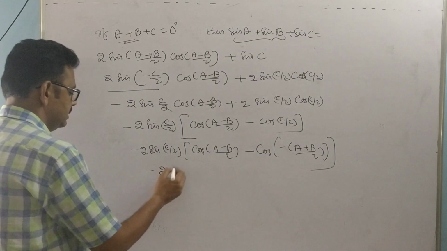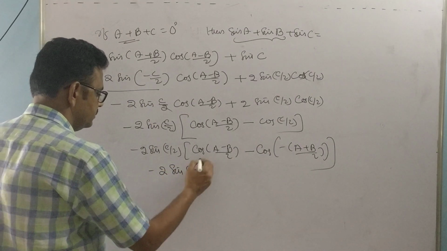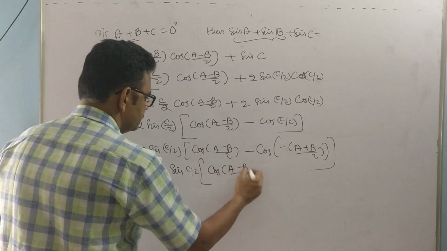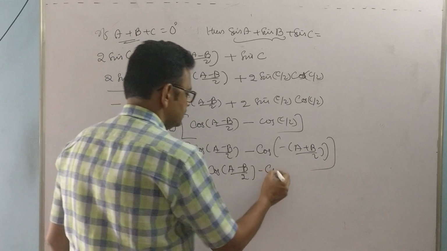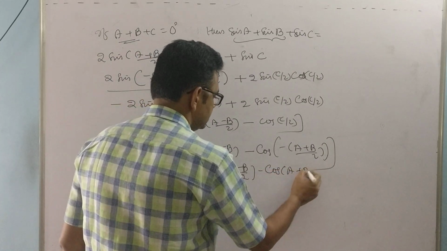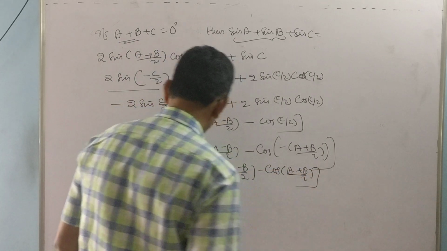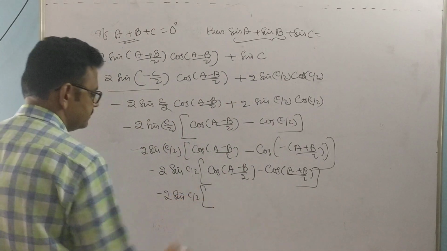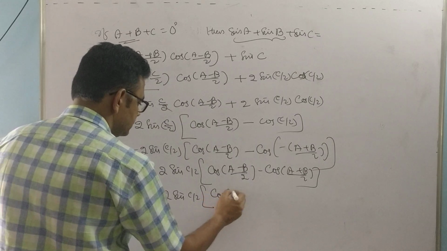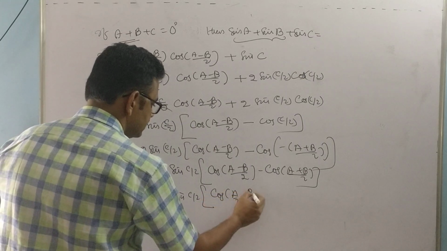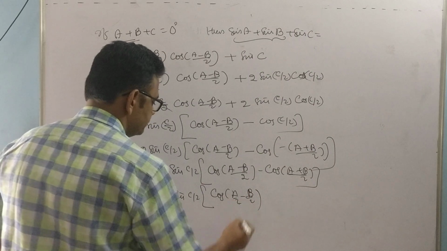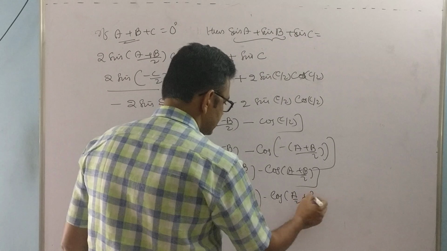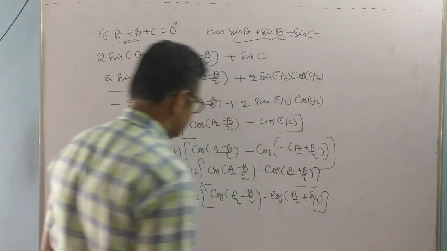So minus 2 sin c by 2 into cos of (a minus b) by 2 minus cos of (a plus b) by 2.